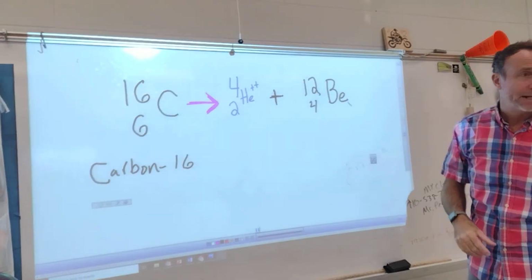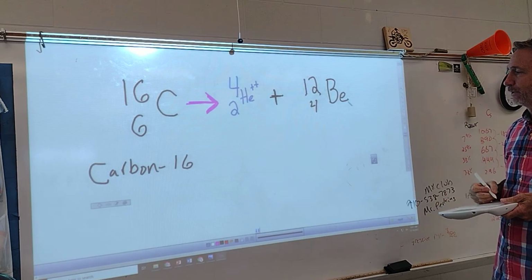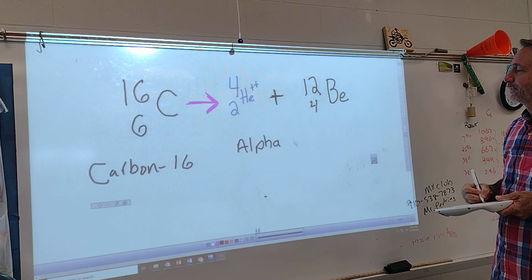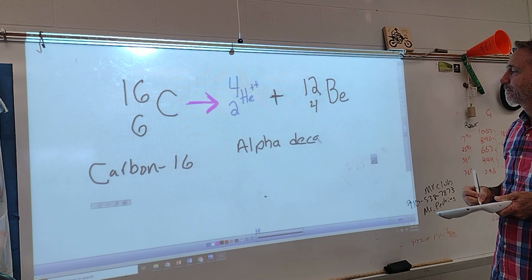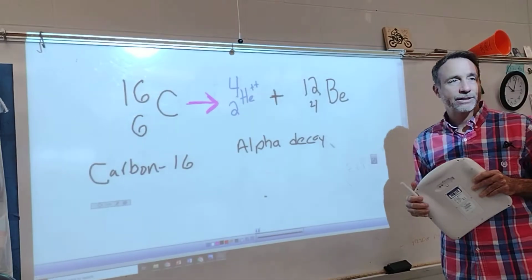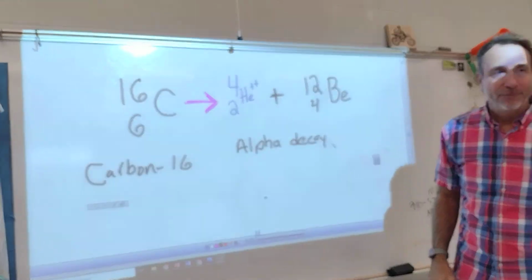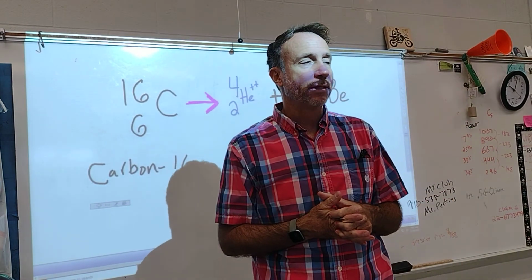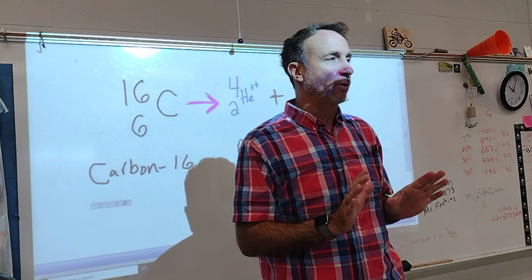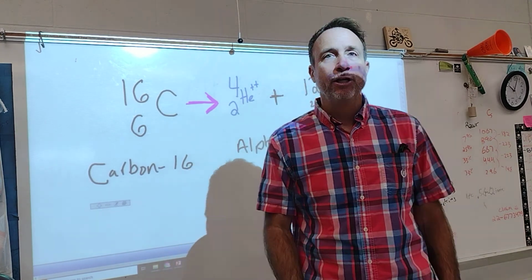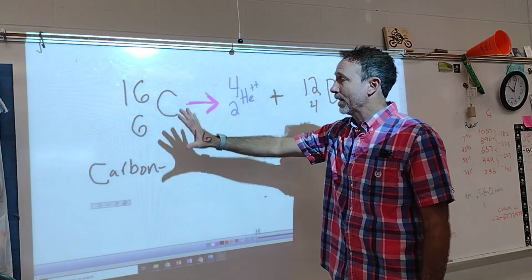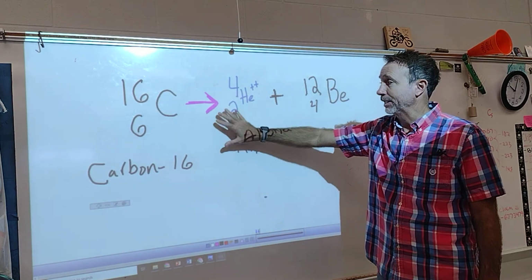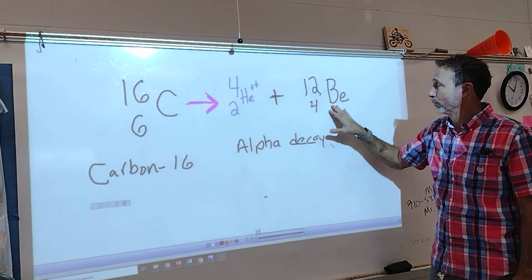You want to write down, probably just right over here, this is alpha decay of carbon 16. And then to end this little video lesson for people at home, this is the chemistry way you would say it. You would say that alpha decay of carbon 16 produces an alpha particle and beryllium-12.